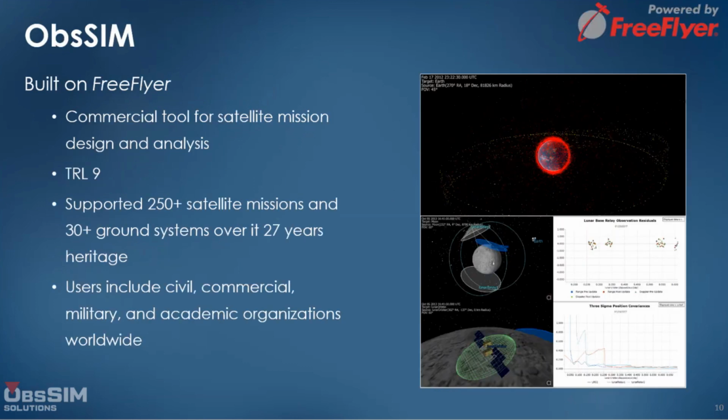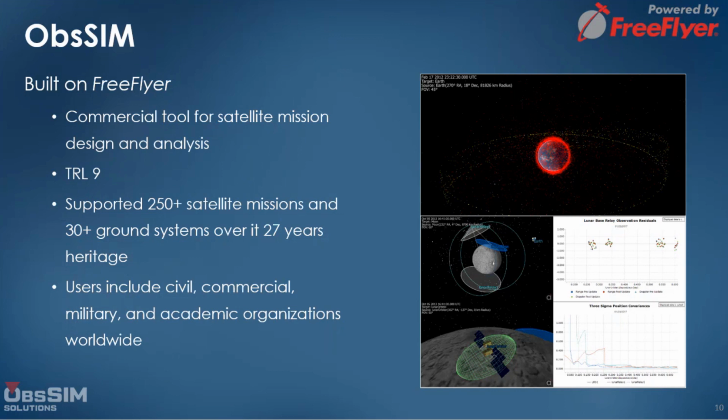So first, I'm going to talk about how we built this system and how it's structured, and then share some lessons that we learned from doing that that can be taken into exercise design as you embark down that process. The fundamental building block on which ObsSIM is made is FreeFlyer, which is the AI Solutions commercial tool for satellite mission design and analysis.